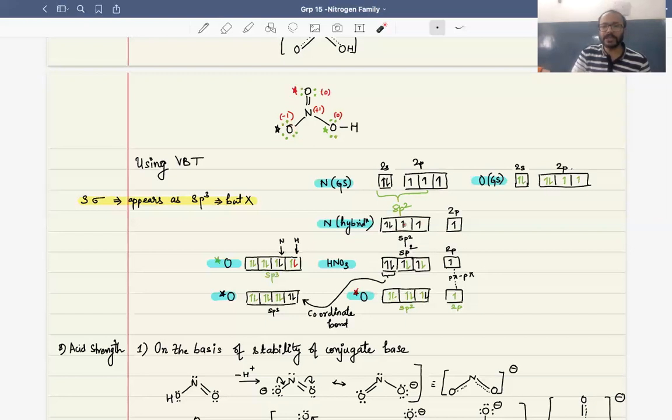So when we talk about the 2 unpaired electrons, they are definitely involved in some kind of sigma bond. So obviously, like in the nitrous acid, we have 2 sigma bonds. These would be the 2 sigma bonds to the oxygen.